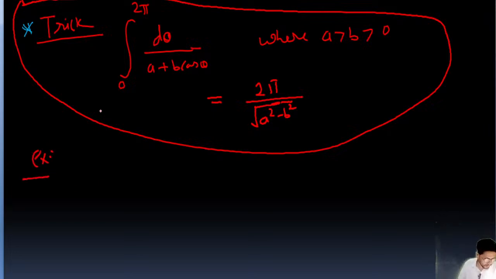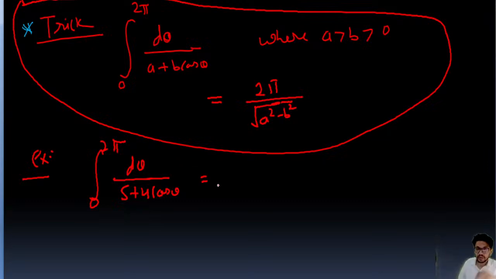The example is we have a question: 0 to 2 pi, d theta upon 5 plus 4 cos theta. So how are we going to solve this? Very simple. So 2 pi upon root a square minus b square, where a and b are 5 and 4, and clearly 5 is greater than 4 and 4 is greater than 0.